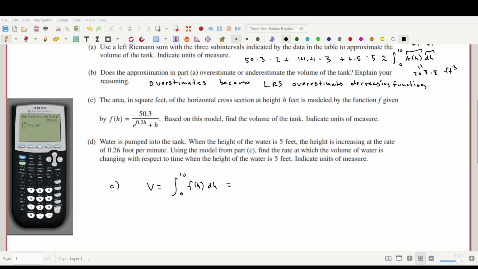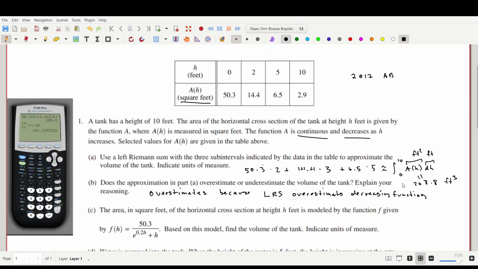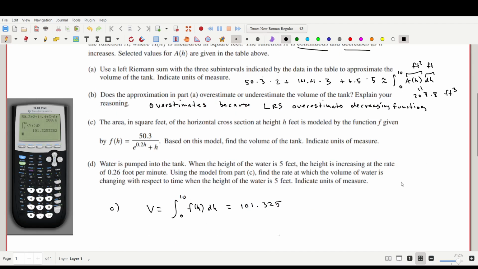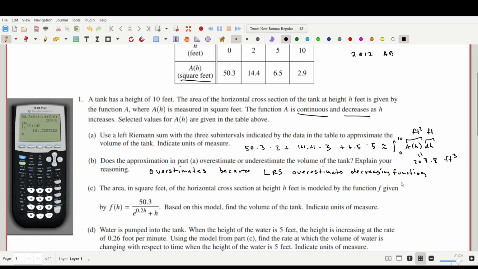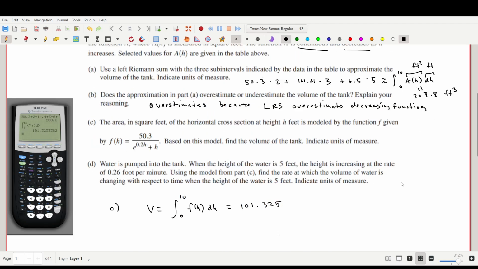I'm going through this kind of fast. I might make some errors, but we'll see. 101.325. That seems way different than the one I got up there. Okay. All right. I guess that's what it is.